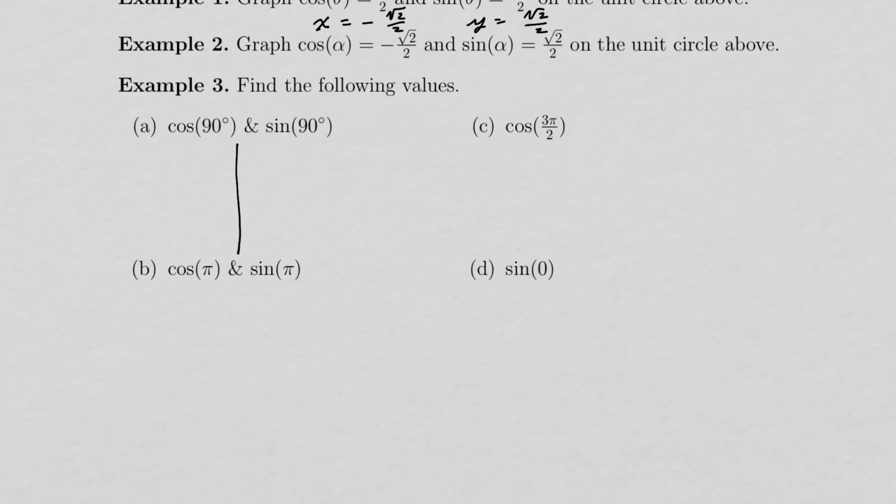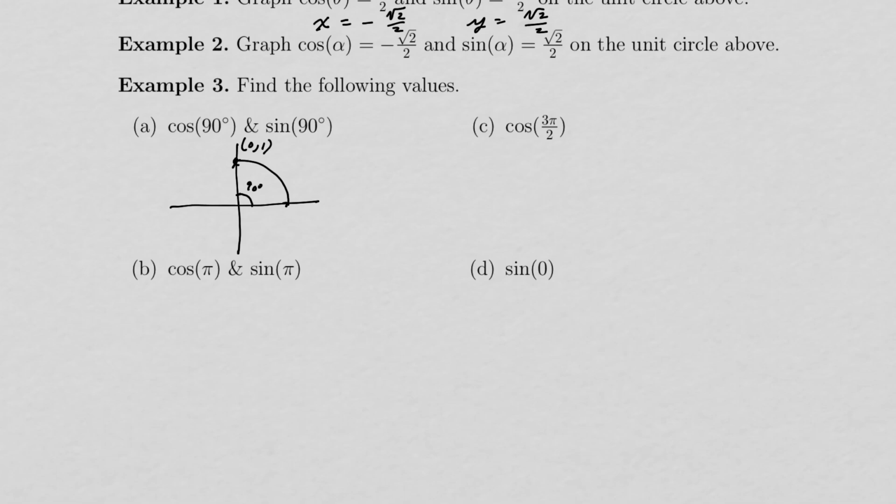So I have my coordinate system here, and this is just part of the circle, radius of 1. If this is 90 degrees, what is this coordinate? Well, if it's a unit circle, the x value must be 0 and the y value must be 1. It's the full radius.